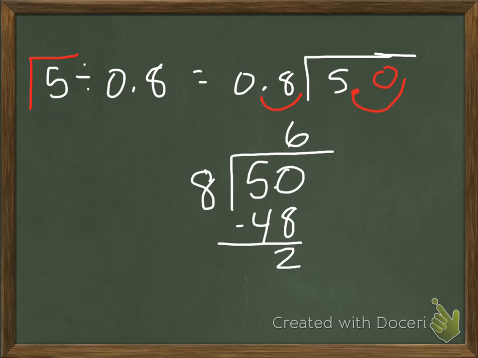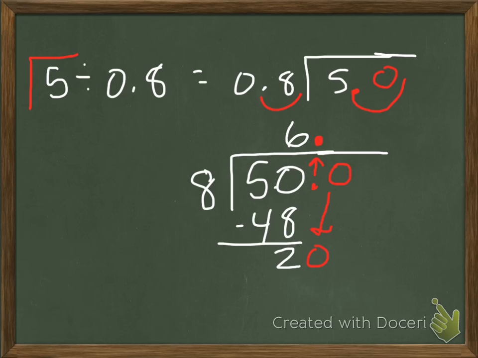Now I need to add my decimal because I need to add a 0. We do not want remainders. So I add my 0, bring it down. Before you do anything else, you want to make sure you put your decimal up here. Because if you do it last, you might put it here or someplace else and get the problem wrong.